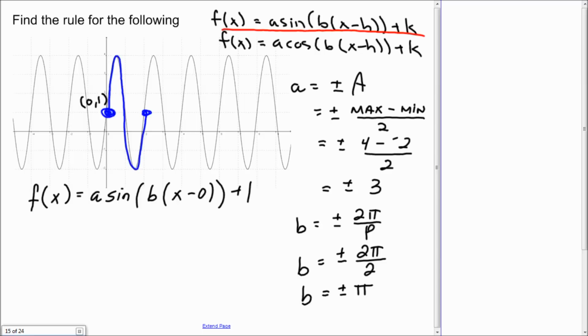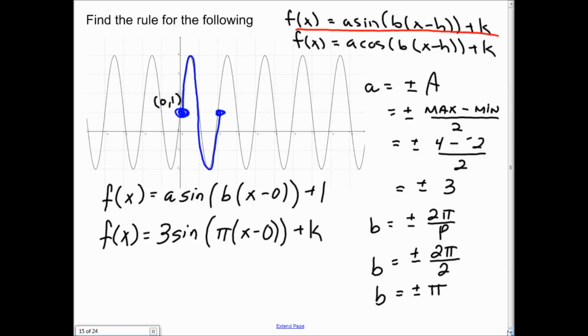Now, most oftentimes, people will choose a positive and a positive to work together. So we can just write this here as f of x is equal to 3 sine, open brackets, pi x minus 0 plus k. And there we found the function rule of the first function that we were looking at here.